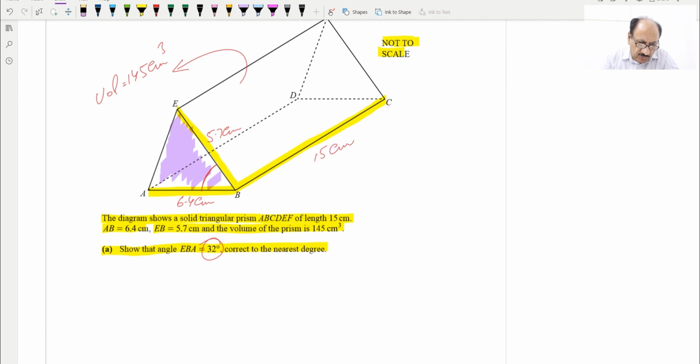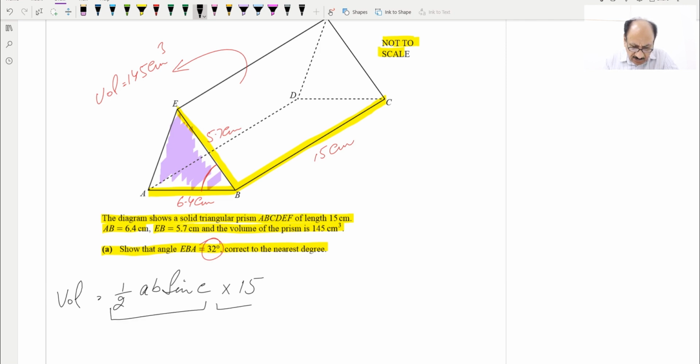So length is 15, so we can take area of the triangle is equal to half into base into AB sine C, basically half AB sine C. This is the formula for area of the triangle, and multiply by length, which is 15. So this will be volume, not area. So volume of the prism is equal to face area multiplied by length. Hopefully you understood this.